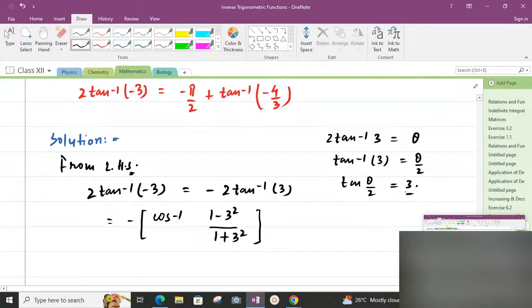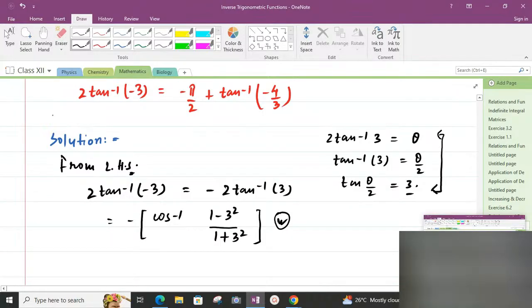So we convert this into cos, then we get this one. Hope there is no problem to understand at this step. So 3 square equal to tan square theta by 2. So 1 minus tan square theta by 2 and 1 plus tan square theta by 2, according to this one.